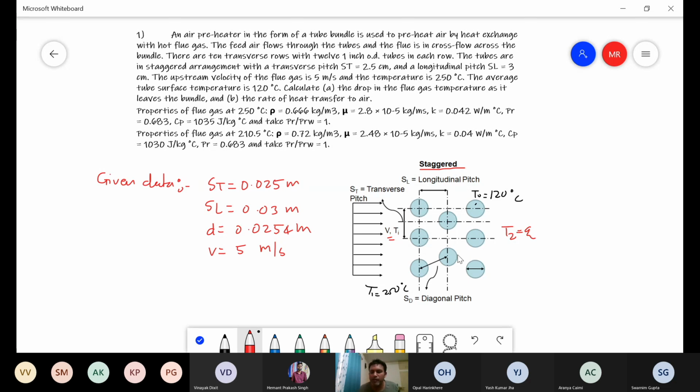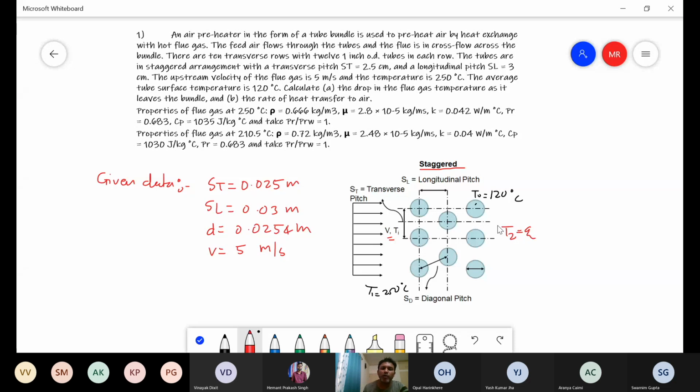As the flue gas moves across the bundle of tubes, it gets cooled down because air is flowing through each of these tubes at a temperature of 120 degrees Celsius, and therefore some of the heat is taken by the air flowing through each tube, and therefore the flue gas temperature decreases as it moves across the bundle of tubes from left hand side to right hand side.